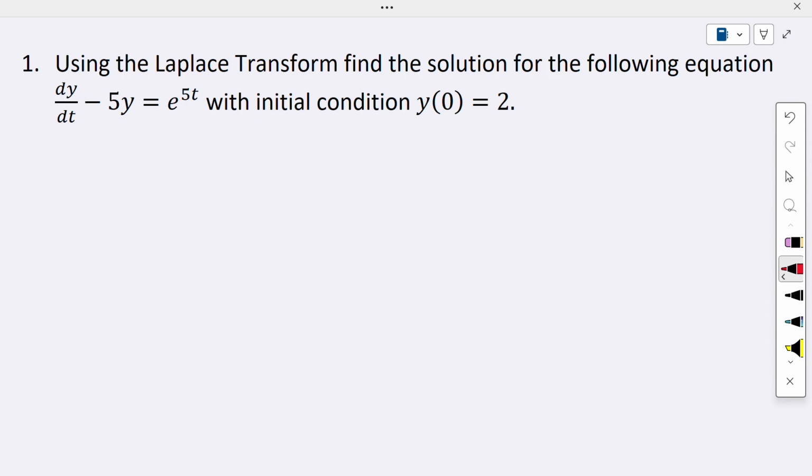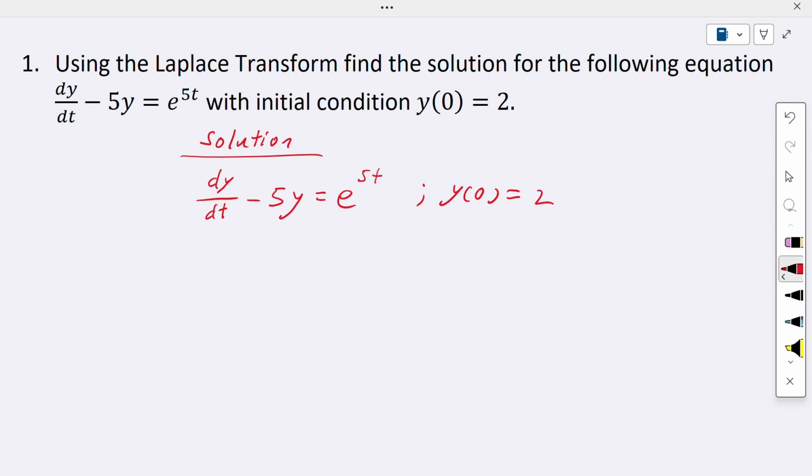So let's see the solution for these Laplace transforms. So we have dy/dt minus 5y equal to e^(5t), and our initial condition y(0) is equal to 2.